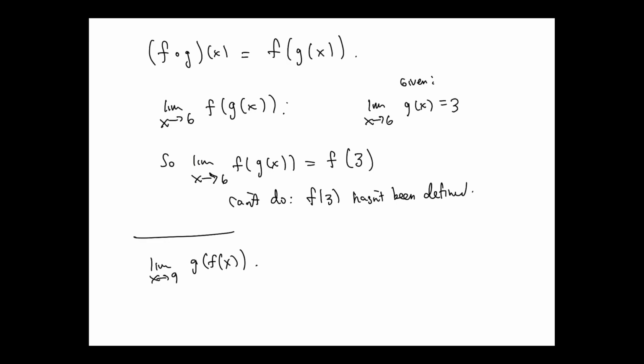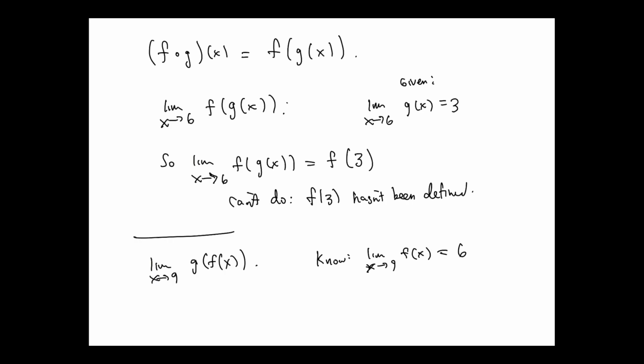So, like what we did last time, what should we be looking at here? Do we know what the limit of f is as x approaches 9? Yeah, we know that, what was it, 6?